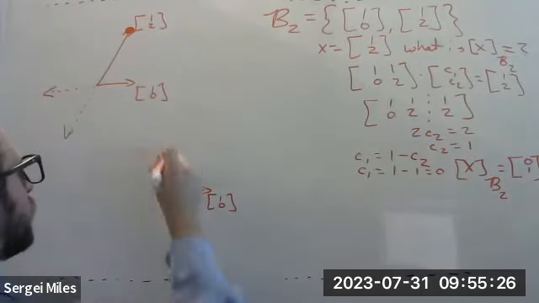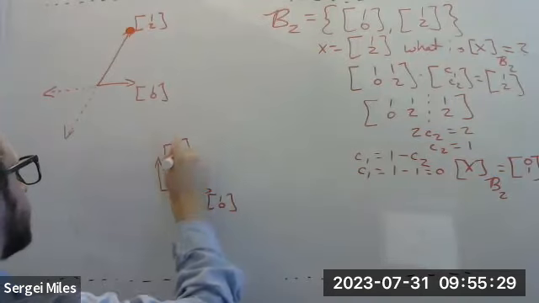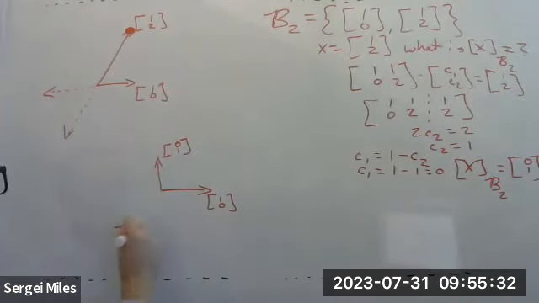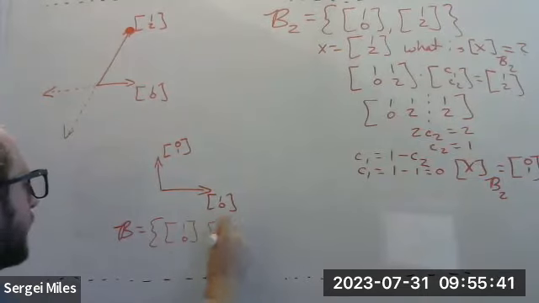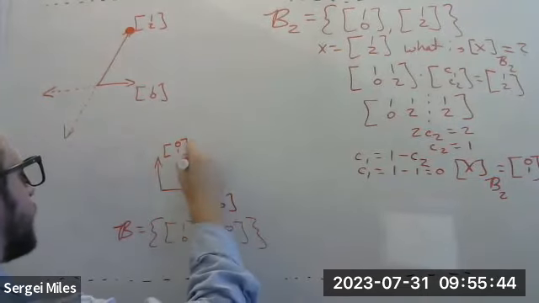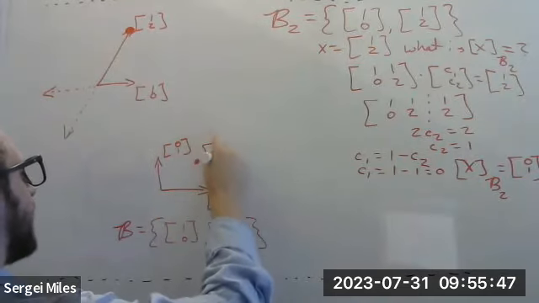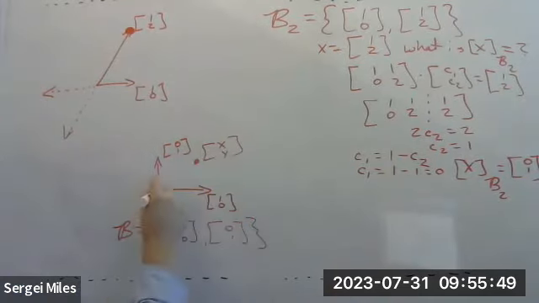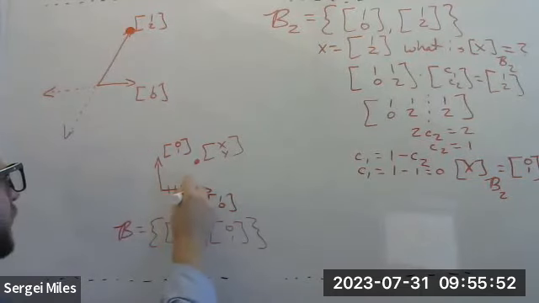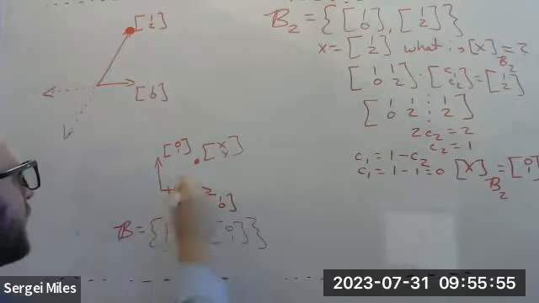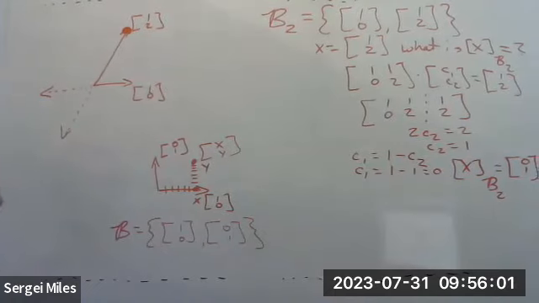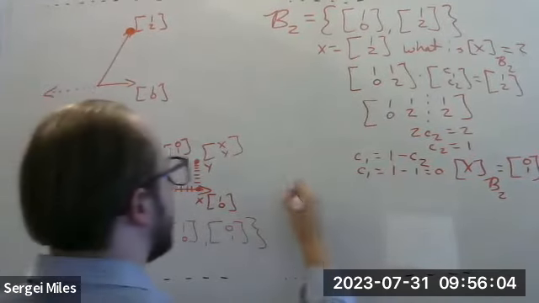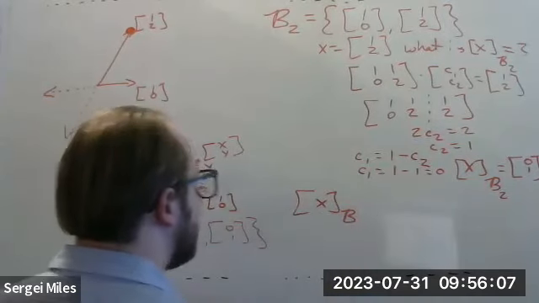When you first learned about coordinate systems in elementary school or middle school, you were taught you can travel in the x-axis direction or the y-axis direction. And when your teacher said, okay, how do we get some point which is at xy? We said, well, you travel x units along the x-axis direction, and then you travel up y units in the y-axis direction. What you were doing was finding the B coordinate vector of x.